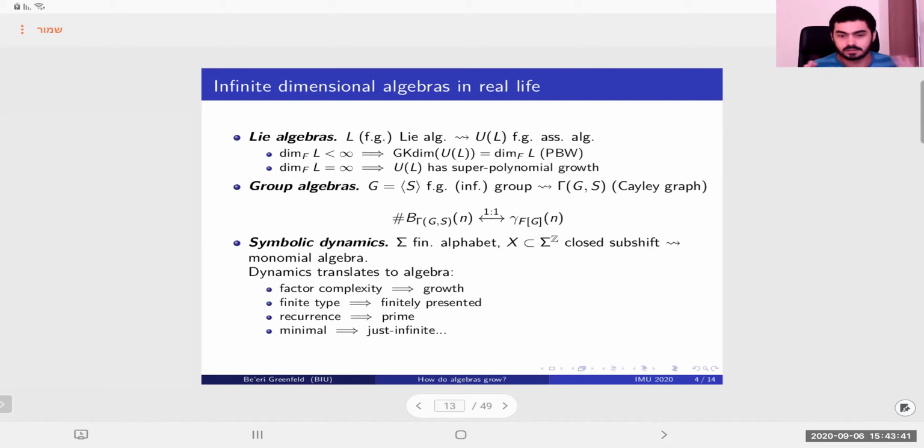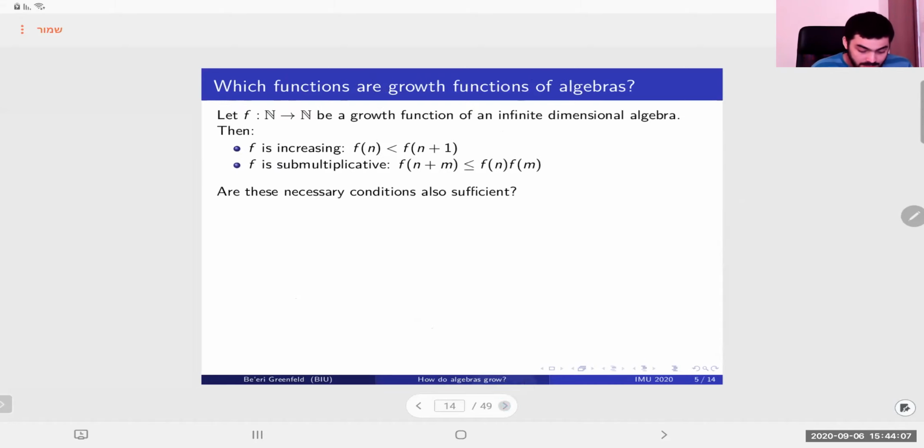I don't want to get into the definition now, but this is a certain non-commutative algebra, which turns out to encode and reflect in its algebraic nature many interesting dynamical properties of the subshift you started with. So this is a way to transfer data from symbolic dynamics into non-commutative algebra. And we'll see this in action in a few slides.